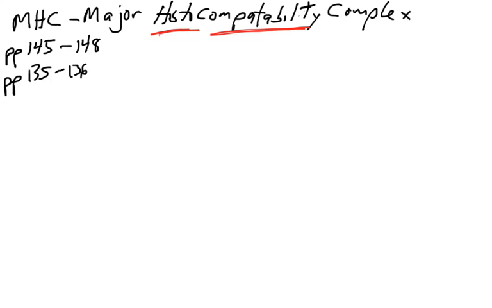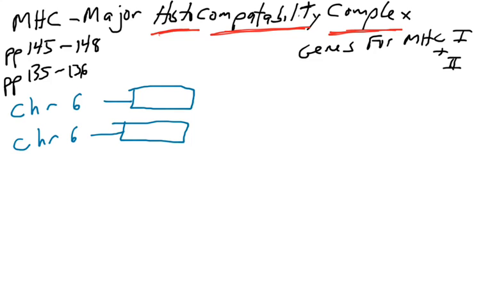So the MHC, or Major Histocompatibility Complex, actually refers to the genes for the molecules that we've been talking about. So we talk about the MHC I or MHC II molecules. MHC actually refers to the genes, the area of the genome on chromosome 6.